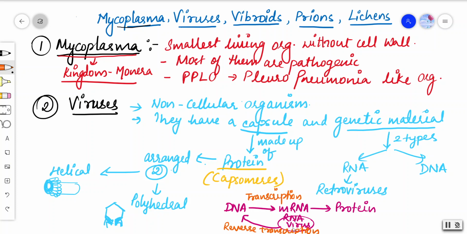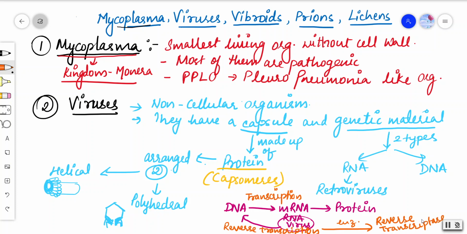The enzyme used in this reverse transcription process is known as reverse transcriptase.